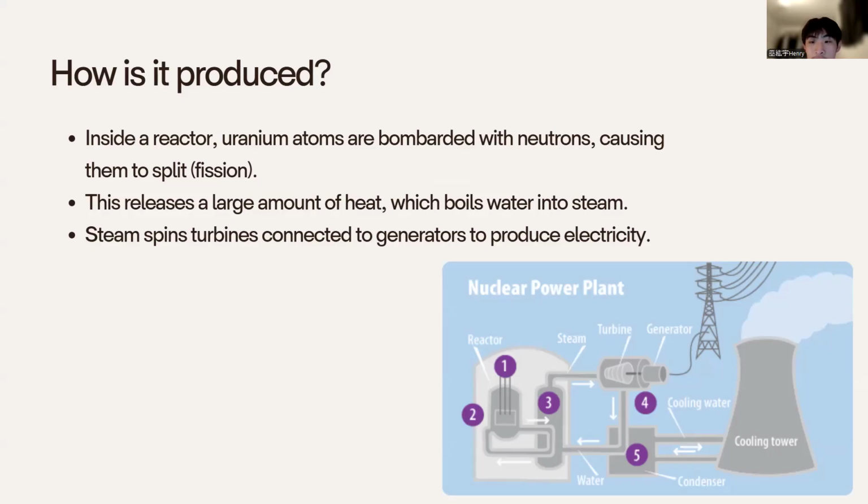The steam then spins the turbine connected to generators, and that's how electricity is produced. As you can see on the graph below, it clearly explains the process of nuclear energy generation.